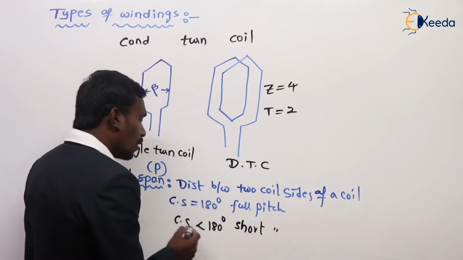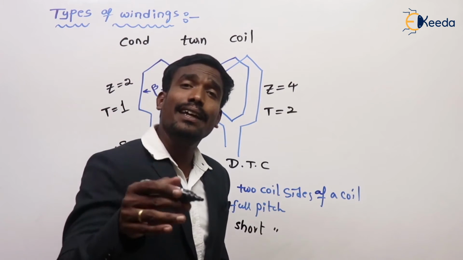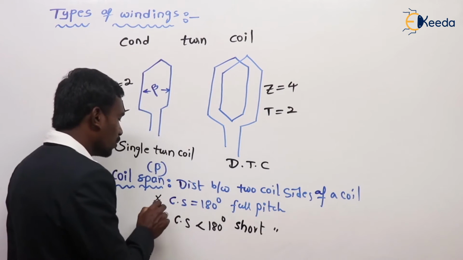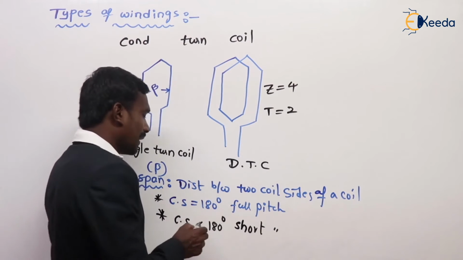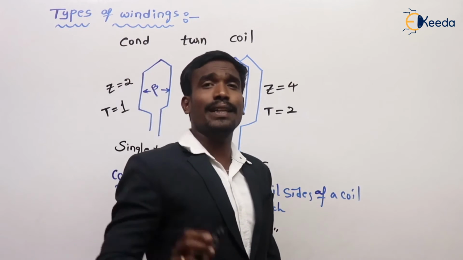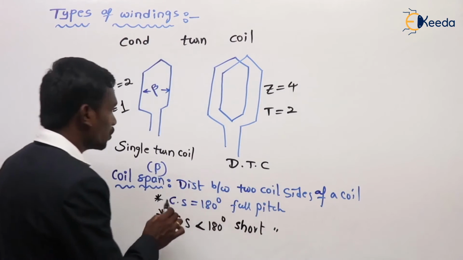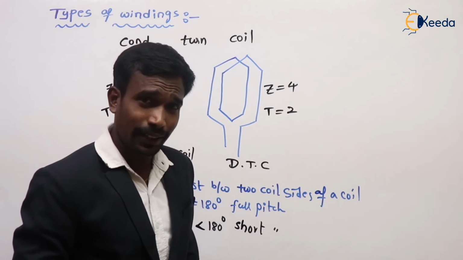For over pitch winding, the coil span is greater than 180 degrees. So the coil span value is exactly equal to 180 for full pitch winding, less than 180 for short pitch winding, and greater than 180 for over pitch winding. This is simply about the coil span. Are you okay? Getting or not?